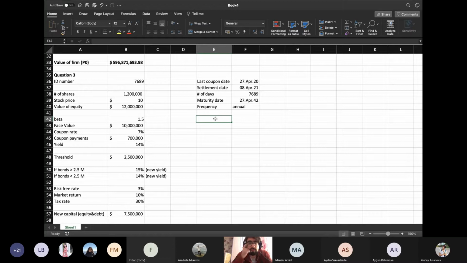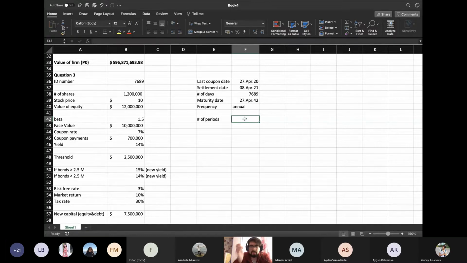Then number of periods. Last coupon date is 27 April 2020, and maturity date is 27 April 2042.